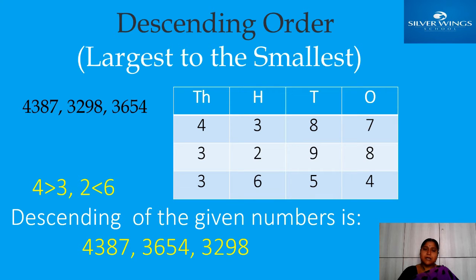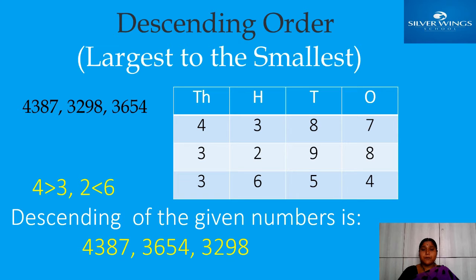In the first number, 4 is there in the thousands column, in the second number 3 is there, and in the third number also 3 is there. First of all, you should compare the digits in the thousands column. Now 4, 3, 3. Which is the big number?